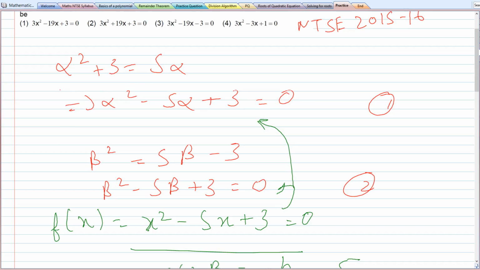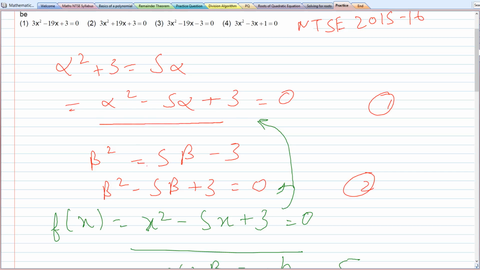So Rishu, it was given alpha square plus 3 is equal to 5 alpha. So we can write alpha square minus 5 alpha plus 3 equal to 0. Similarly, we can write beta square minus 5 beta plus 3 is equal to 0.